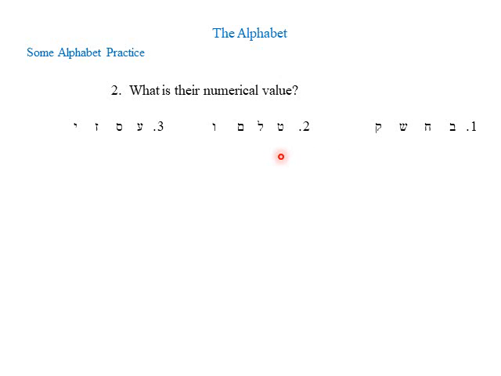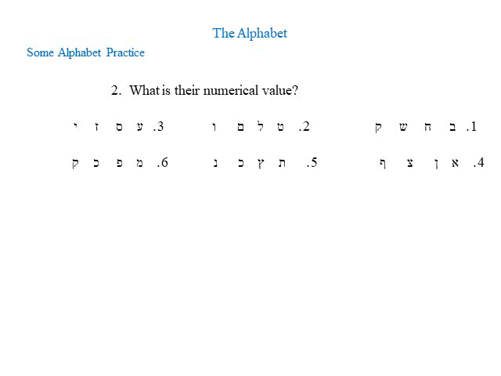Tet, 9. Lamed, 30. Mem Sofit, but it will show up only as a mem, 40. Vav, 6. 3. Ayin, 70. Samech, 60. Zayin, 7.